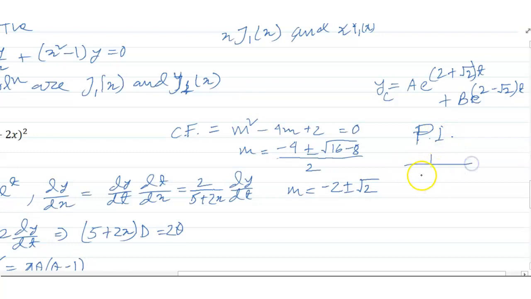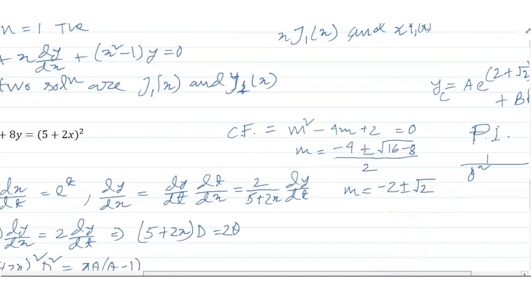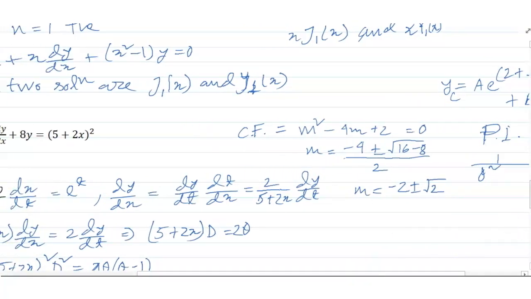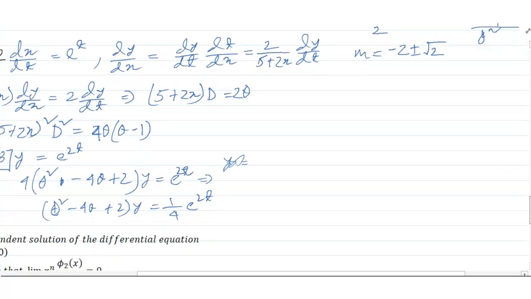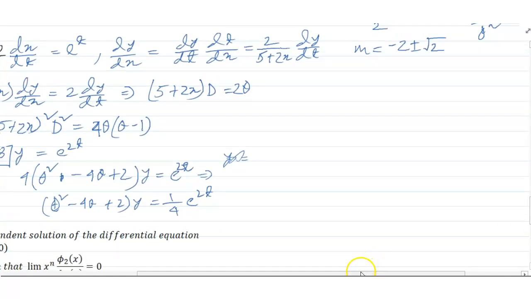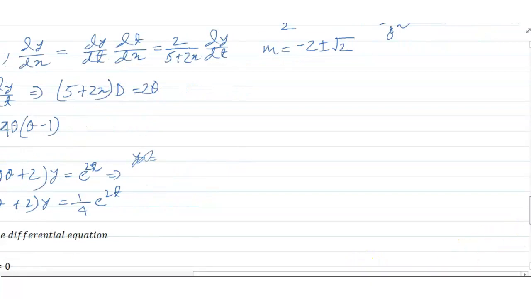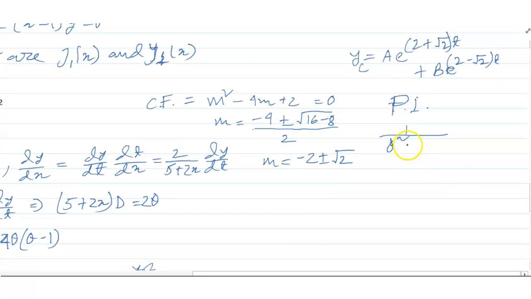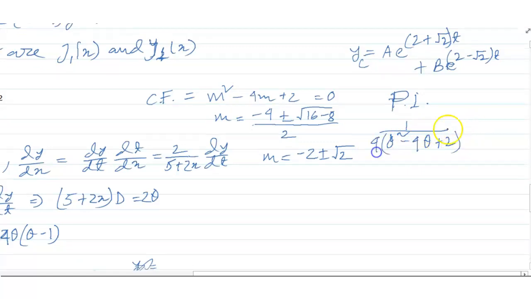PI is equal to 1 by theta square minus 4 theta plus 2, into 4 into e to the power 2t.